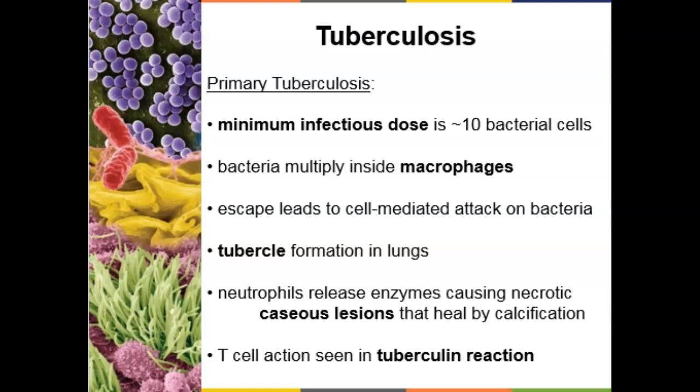The neutrophils release enzymes in that area where the bacteria is. And unfortunately, it can't be specifically directed at the bacteria all the time because they're inside the macrophages a lot. And so those enzymes will actually cause degradation of the lung tissue itself. And so you end up with what are called necrotic caseous lesions. And there are different types of necrosis, and one of them is caseous necrosis.